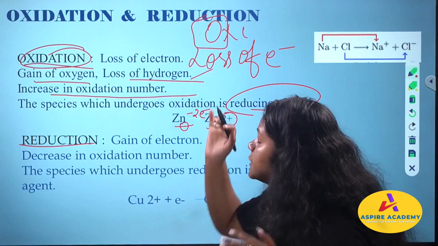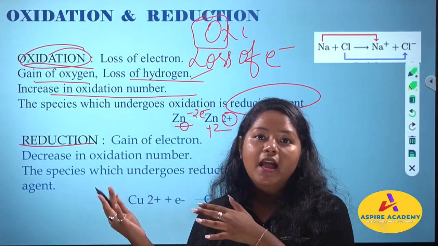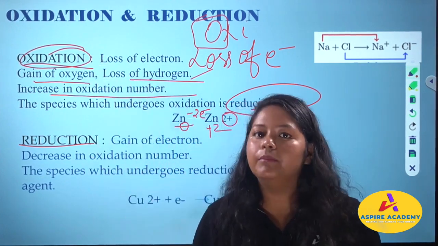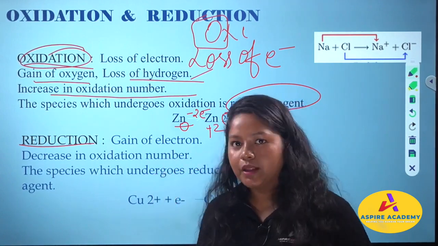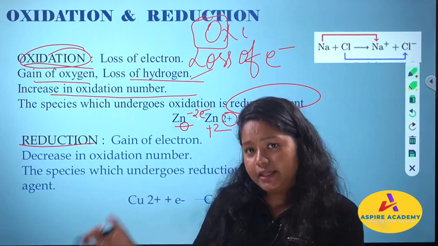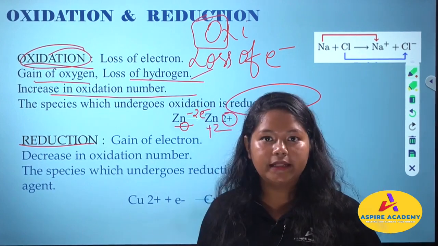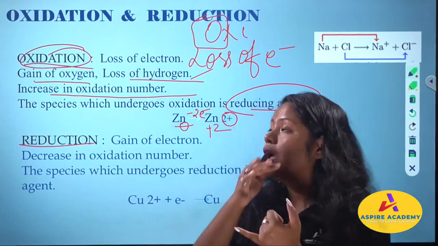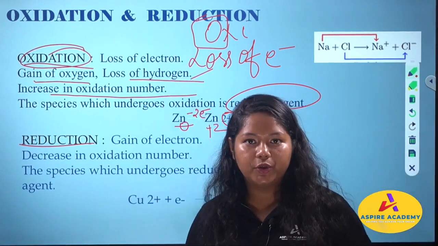Whenever you see oxidation, a reducing agent will be taking part in that reaction. It will gain oxygen, or it might lose hydrogen, or it might lose electrons.